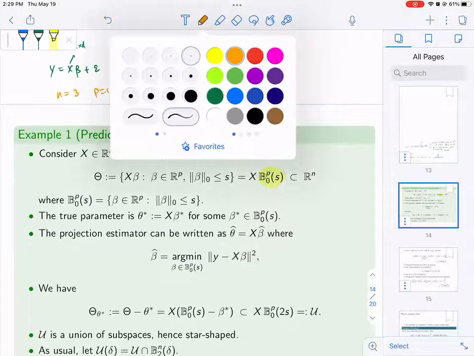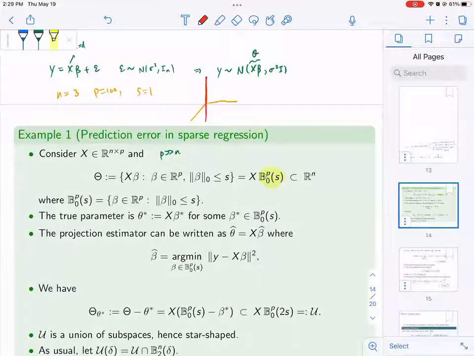Theta would be a union of subspaces, basically, a union of all p choose s coordinate subspaces. In this case, 3 subspaces. So you can see it's a much smaller subset of, let's say, R3.